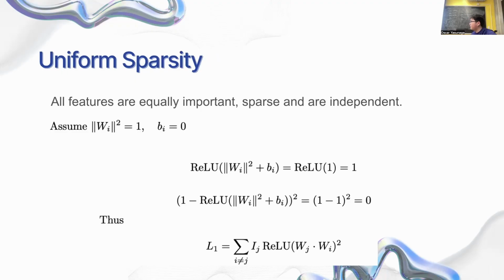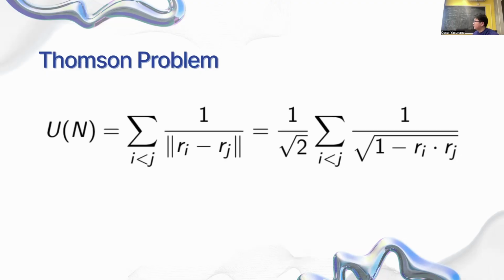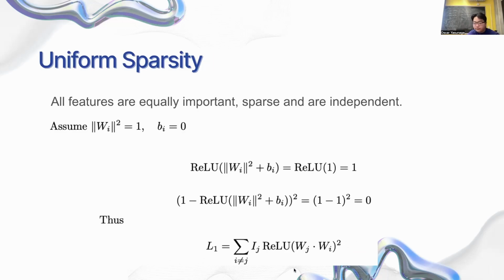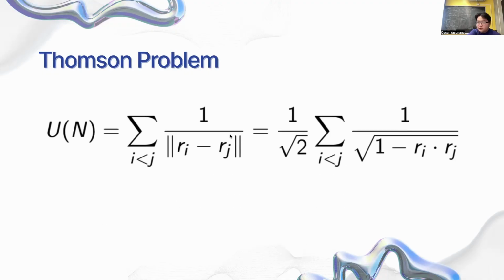If you want to minimize this interference, this is similar to minimizing 1 over the root of 1 minus the dot product. So the dot product between the features is similar to the potential of electrons on a unit sphere.